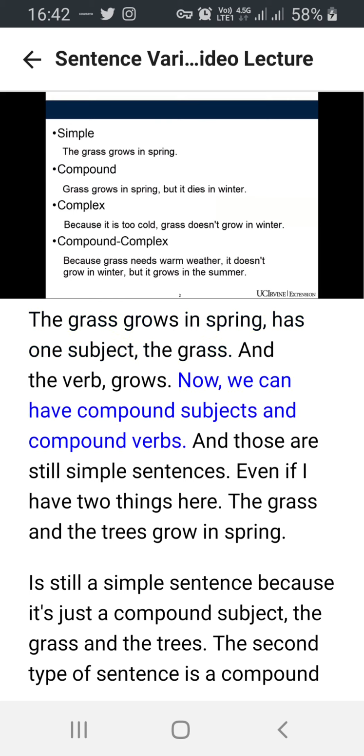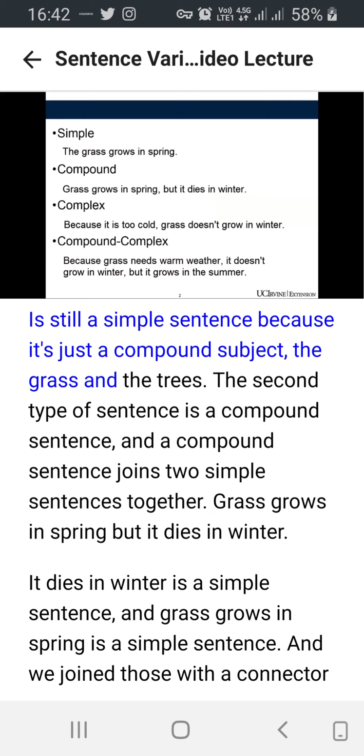Now we can have compound subjects and compound verbs, and those are still simple sentences. Even if I have 2 things here, the grass and the trees grow in spring, is still a simple sentence because it's just a compound subject, the grass and the trees. The second type of sentence is a compound sentence, and a compound sentence joins 2 simple sentences together.